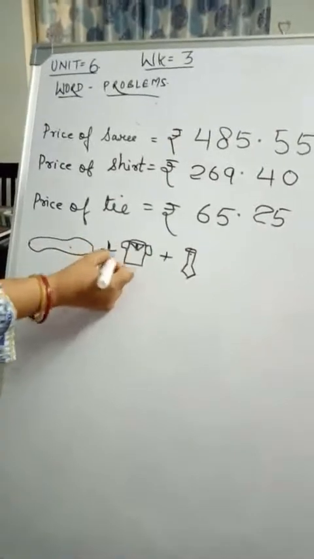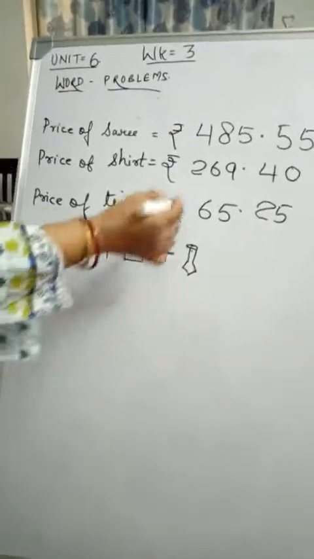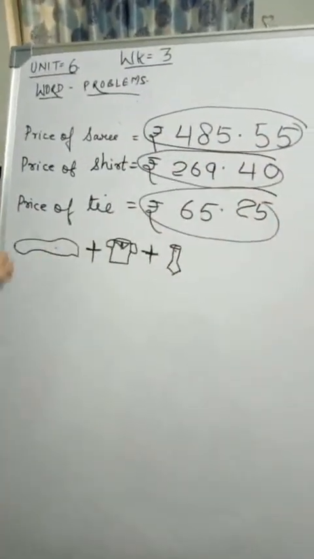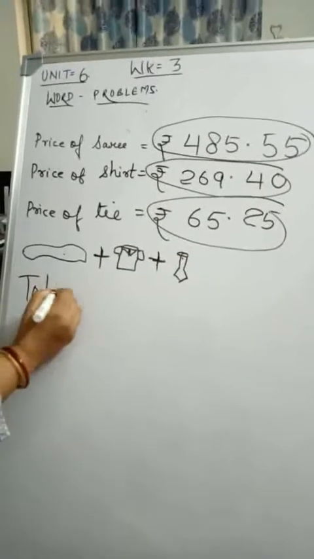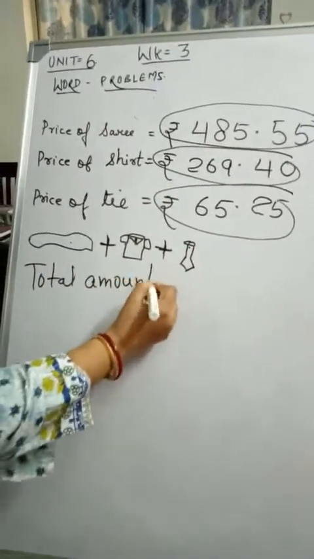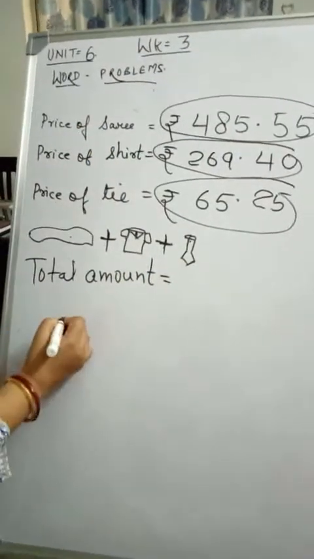So what do you have to do? Addition. You have to add these three amounts together. So what is the total amount? Total amount is equal to, what will you do? Add it.